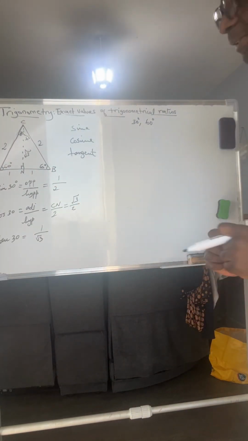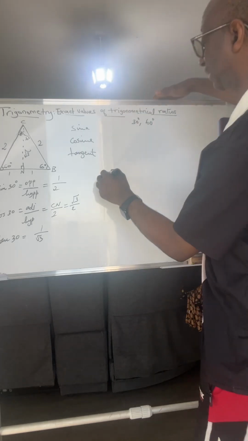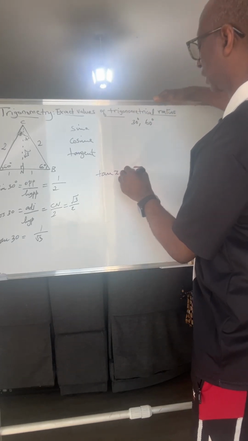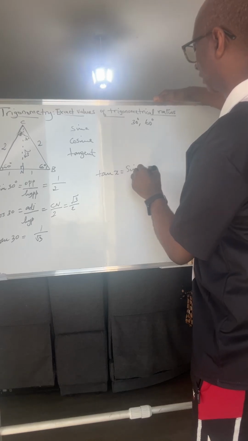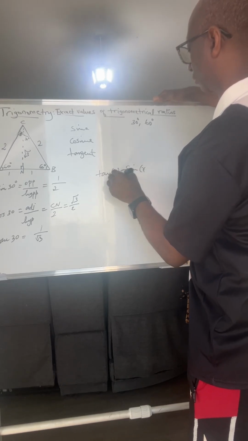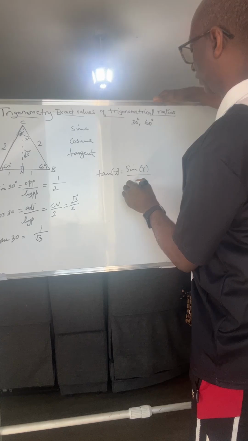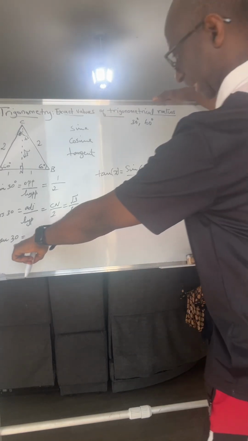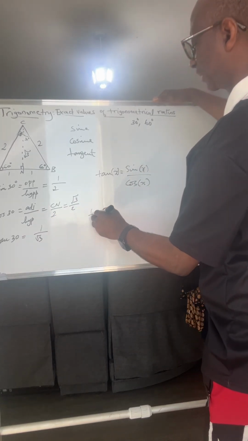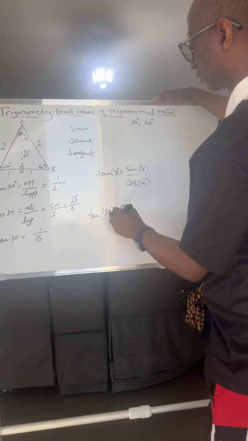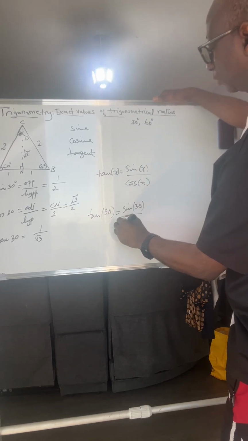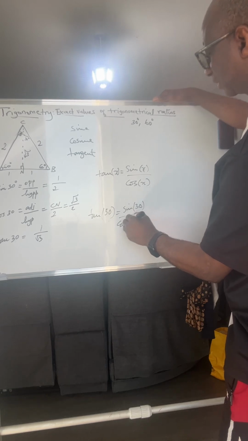Alternatively, you know tan x is equal to sine of x all over the cosine of x. So if you want tan 30, you can simply say tan 30 is equal to sine of 30 degrees all over the cosine of 30 degrees.